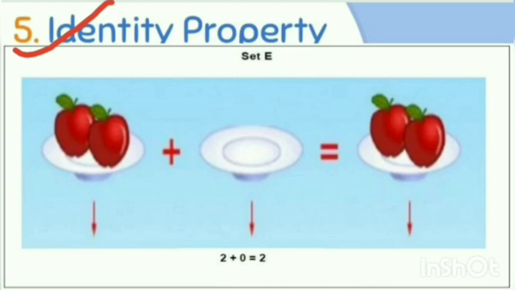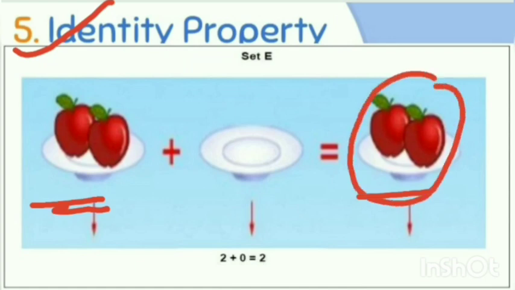In additive identity, we want the same result as the given number. So what should be added to the given number to get the same number? Of course 0. If we add 0 to the given number, we will get the same result.